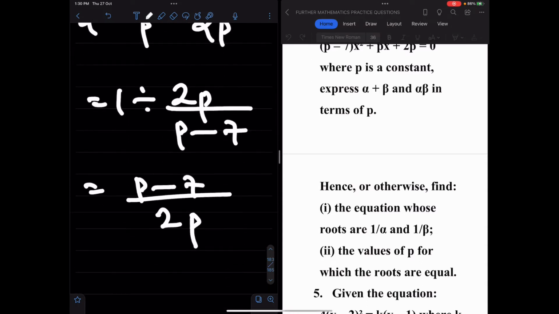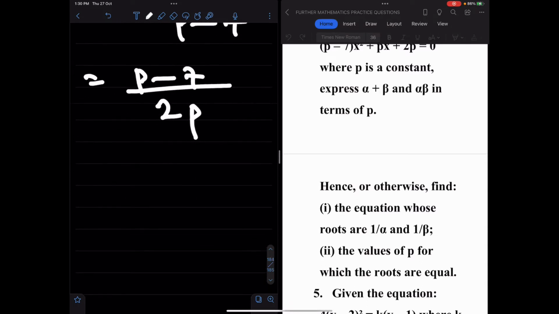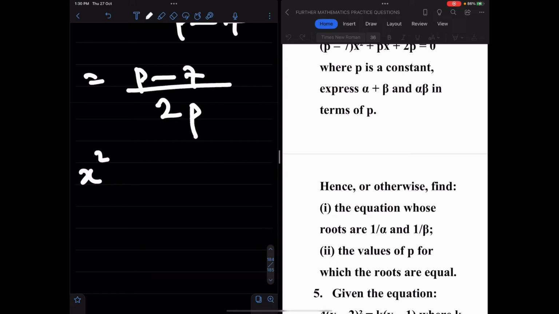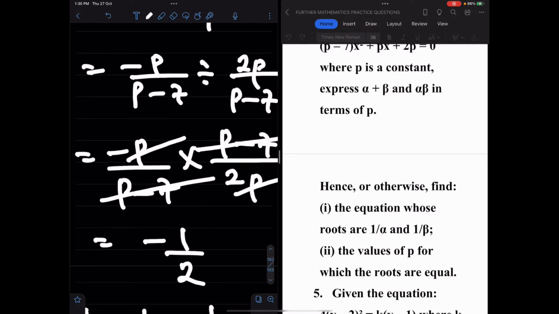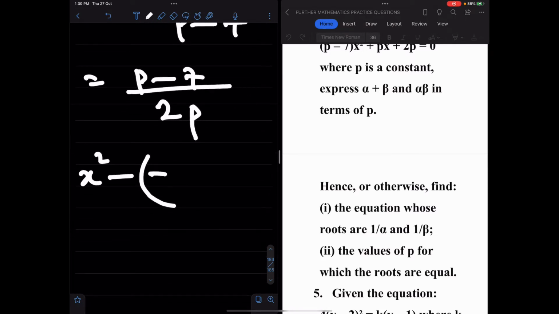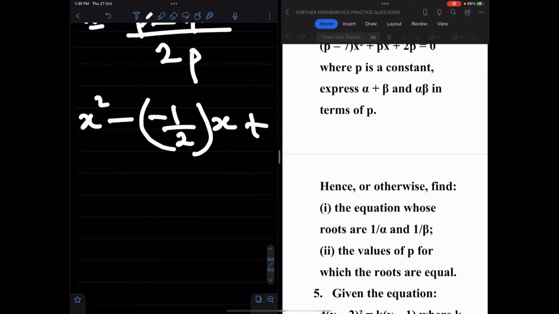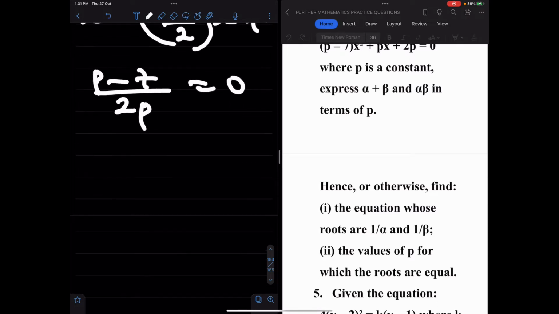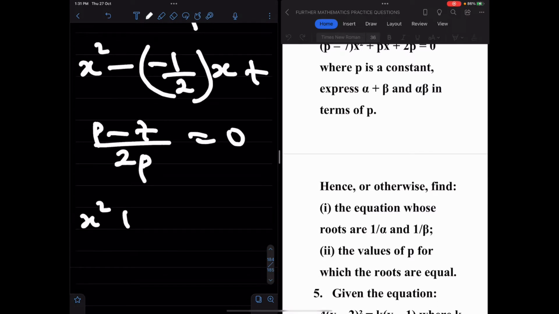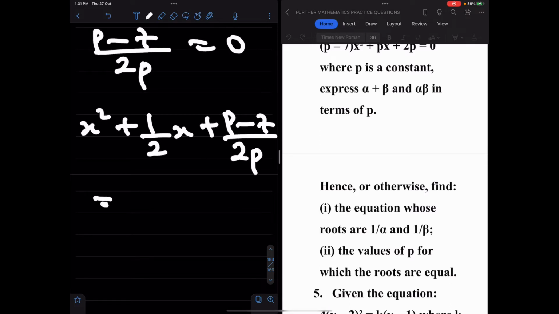Now the equation whose roots are 1 over alpha and 1 over beta is therefore given by x squared minus sum of roots, which is minus 1 over 2, times x plus product of roots, which is p minus 7 over 2p equals 0. And that's the same as x squared plus 1 over 2x plus p minus 7 over 2p equals 0.